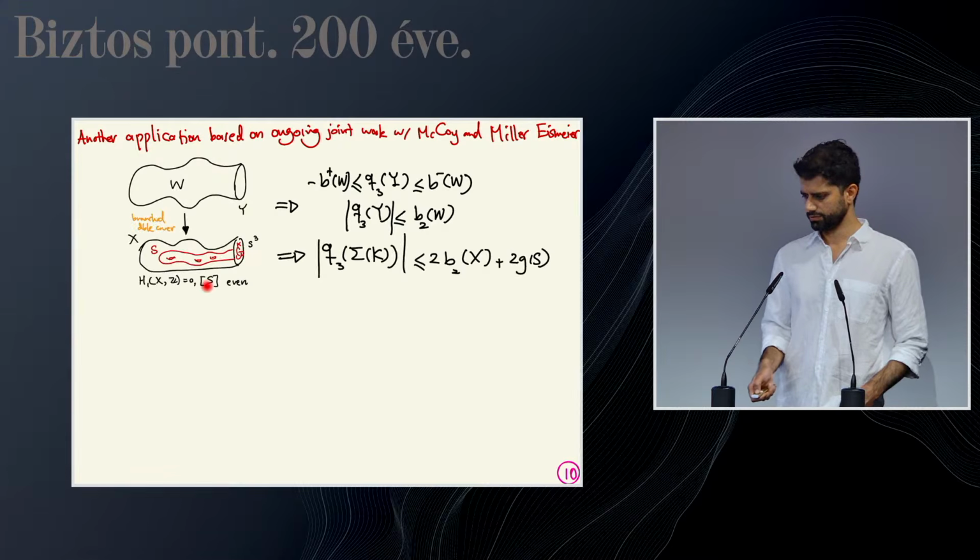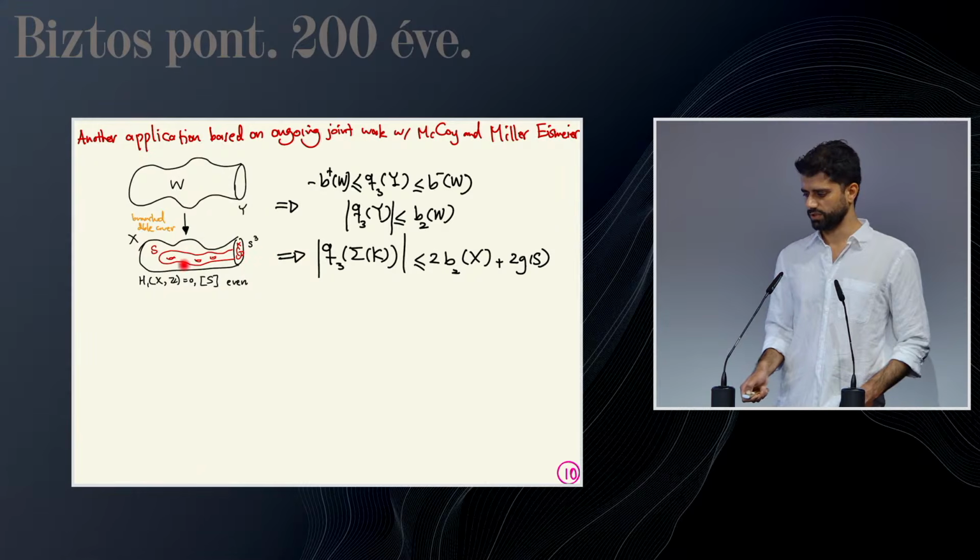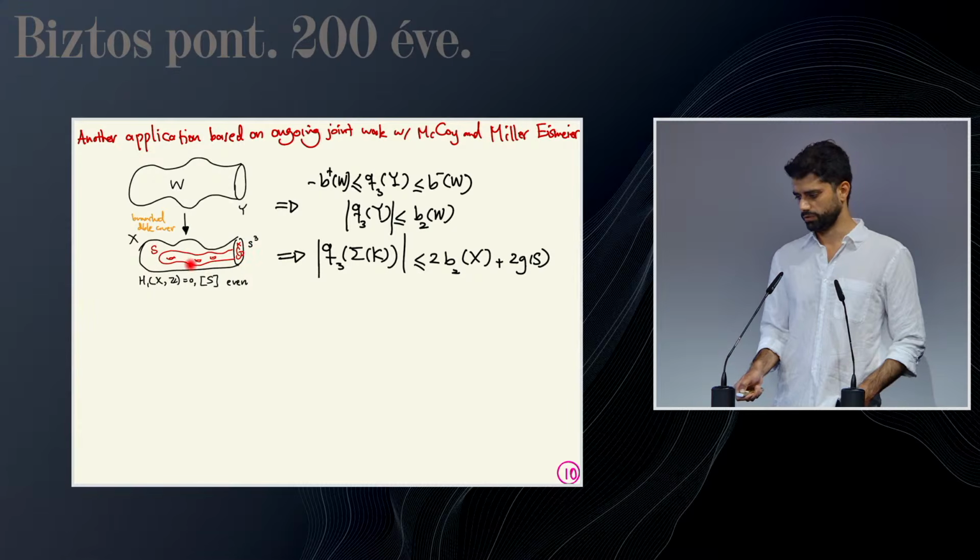So now, let's assume that your cobordism W, or your 4-manifold W with boundary Y, is coming from a branched double cover picture. So Y is the branched double cover of a knot in S3, and you have an embedded surface bounding your knot in S3 with even homology class inside some 4-manifold X with trivial H1, and your W is the branched double cover of this embedded surface.